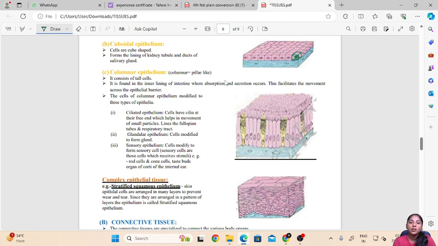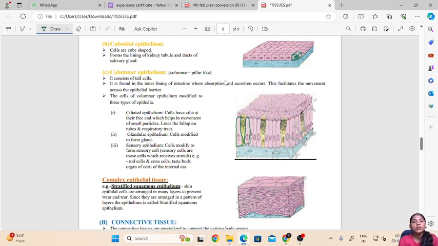They are column shaped, so they are called columnar epithelium. These cells are usually present where exchange or absorption and secretions occur in various body parts. It is found in the inner lining of intestines where absorption and secretion occurs. Then these cells facilitate the movement of such substances across the epithelial barrier.